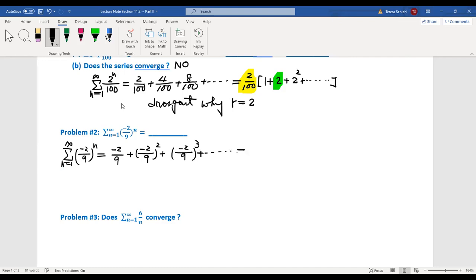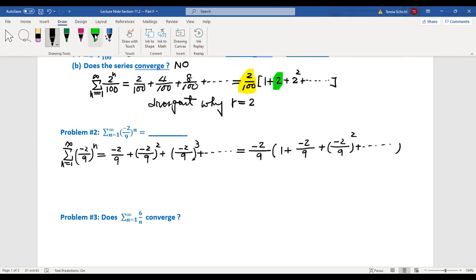If I can factor the terms out, that will be easier. So I factor out -2/9. The first term you have is 1, plus then -2/9, and then the next term is (-2/9) squared, and so on.